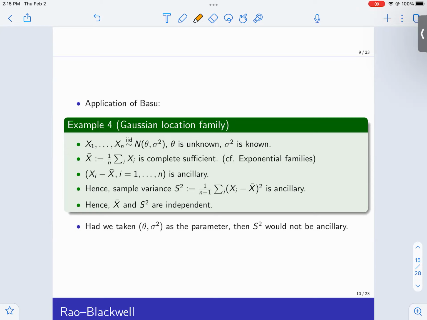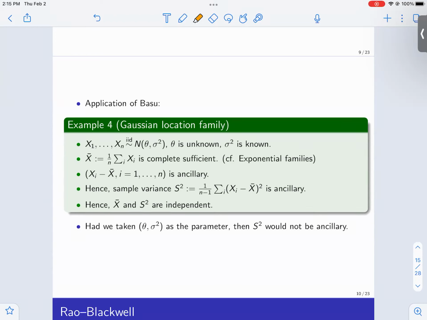Its distribution does not depend on theta, and x bar, we know, is minimal sufficient. We're going to show, or at least give the theorem, that it's complete sufficient because it's an exponential family. We'll see. So x bar is complete sufficient, S squared is ancillary, and X bar and S squared are independent.